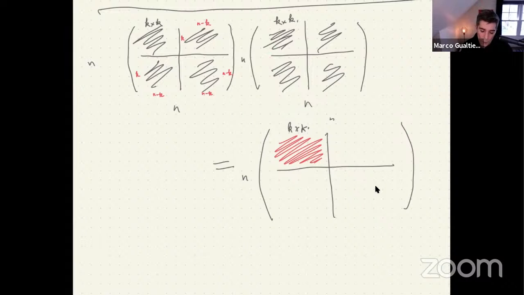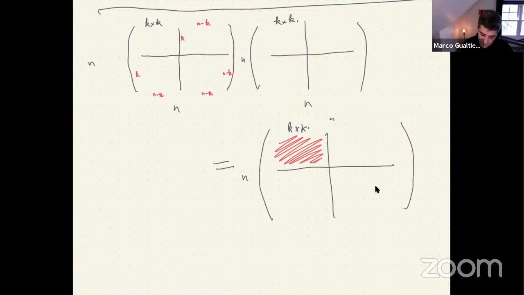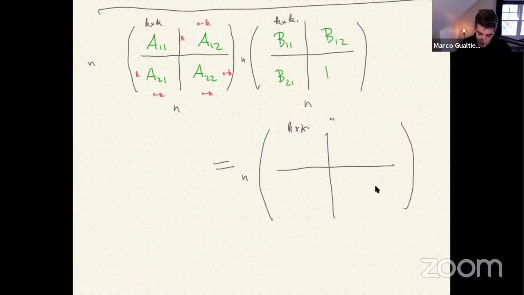So in other words, let me give these names. I'll call these A11, A12, A21, A22, and this one B11, B12, B21, and B22.